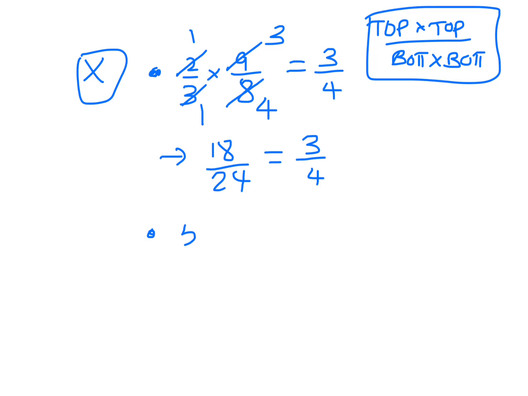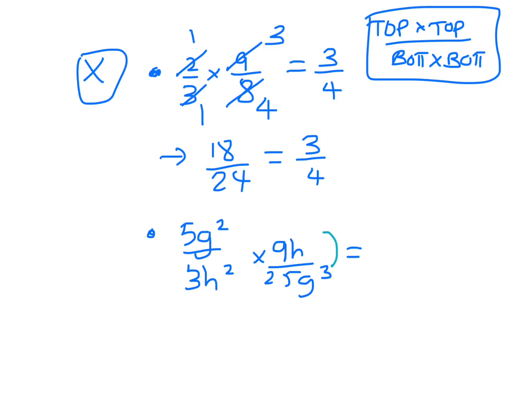Now, if you have algebra, like say 5g squared on 3h squared times 9h on 25g cubed, you could multiply it out, but you end up with some pretty big numbers, or you can do anything on the top with anything on the bottom. You can do it that way, or you could do it across ways, as long as it's top with bottom. 5 goes into 5 once and into 25 5 times.